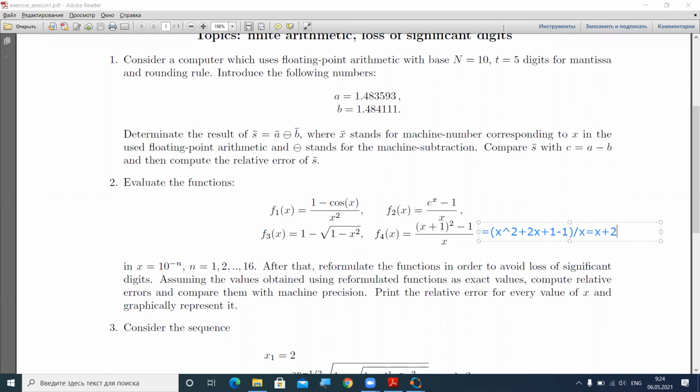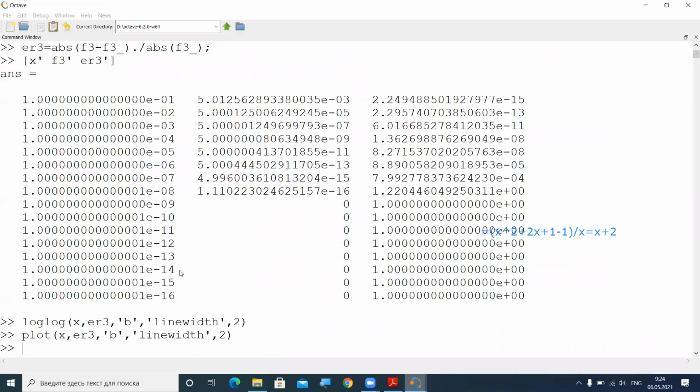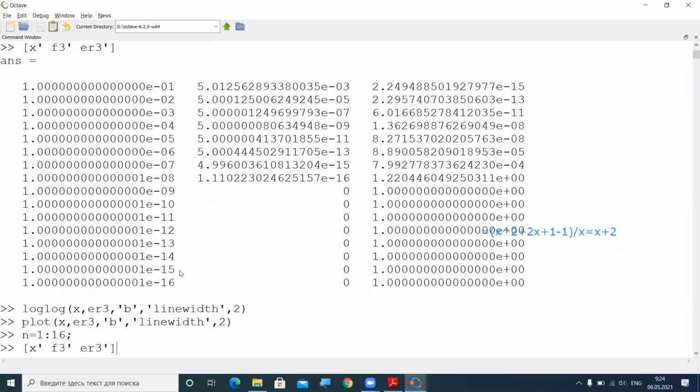And now let's write it in MATLAB operation. Here we have again our given values.